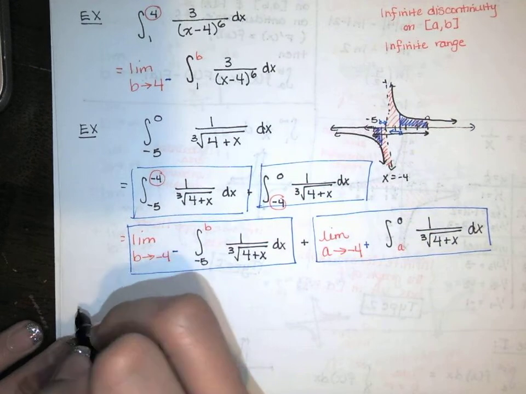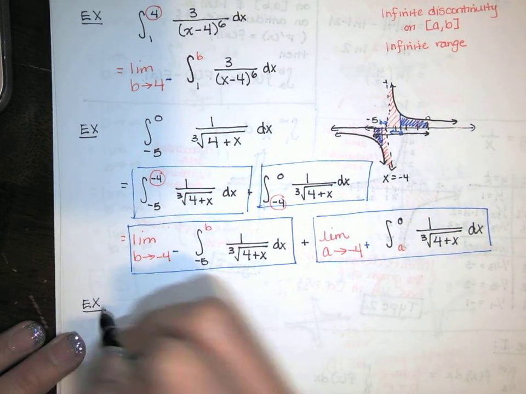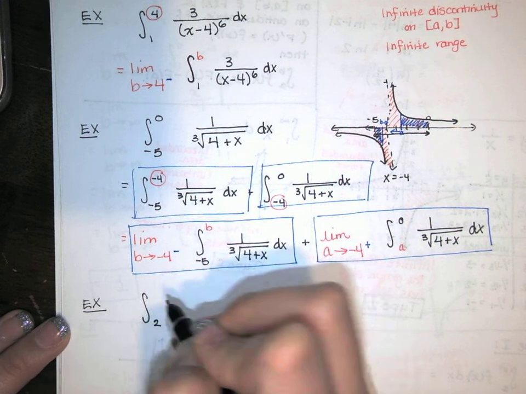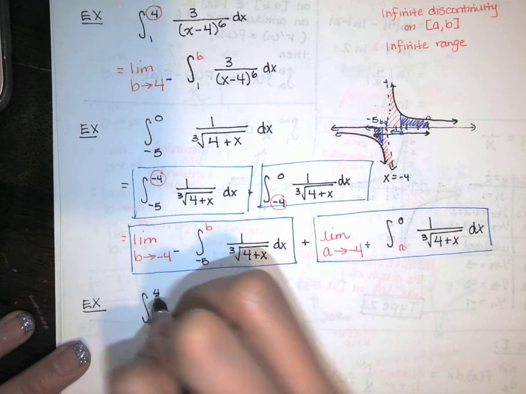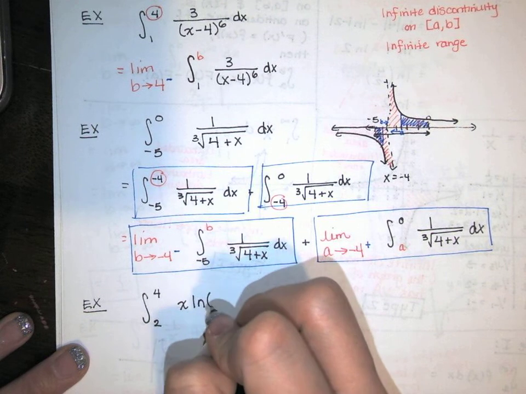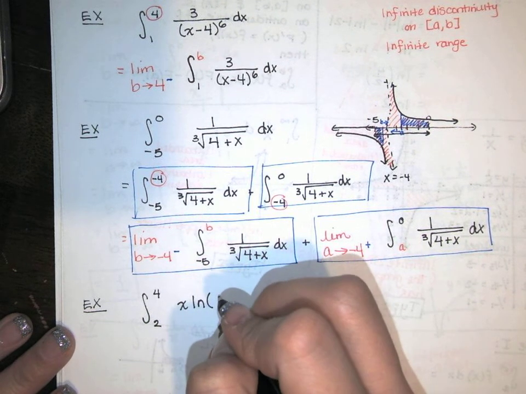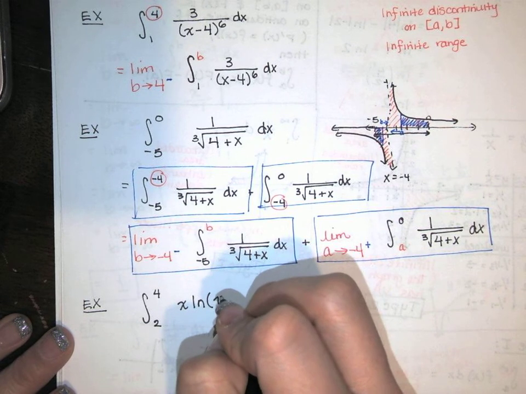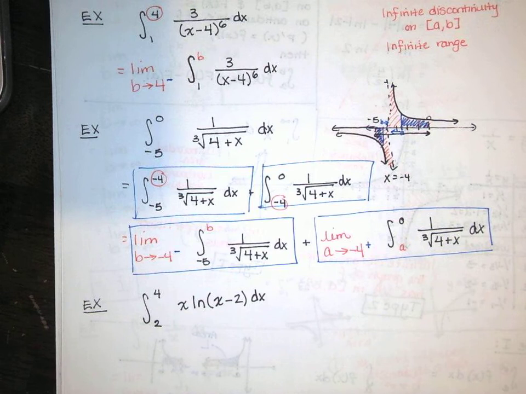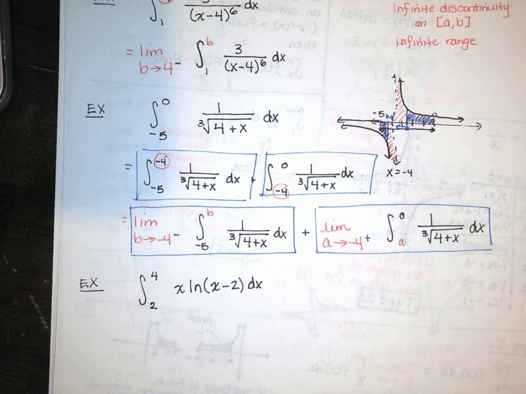So let's look at one more. Now this one's not obvious, but it is an improper integral.